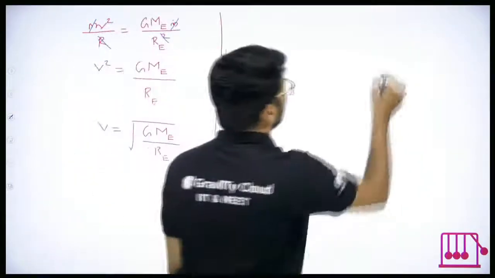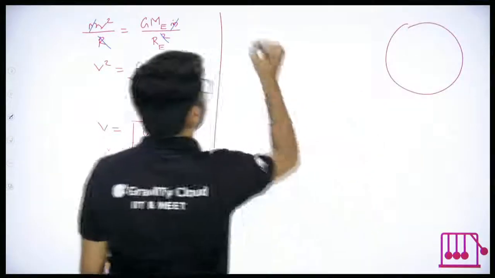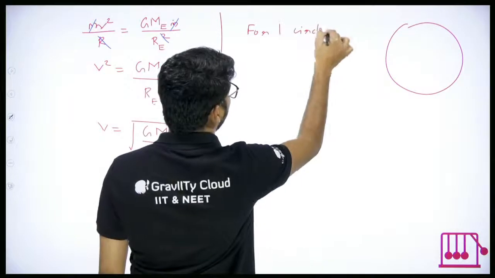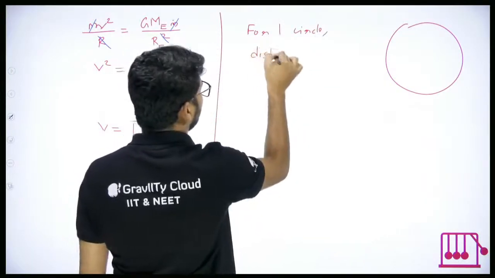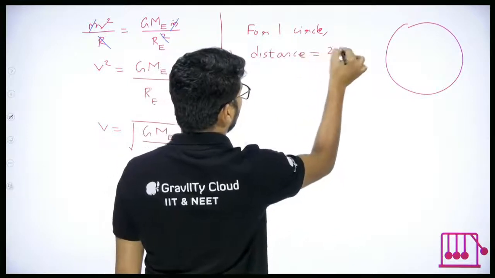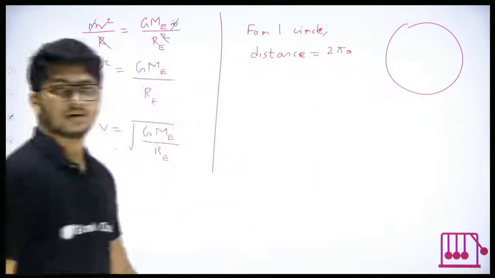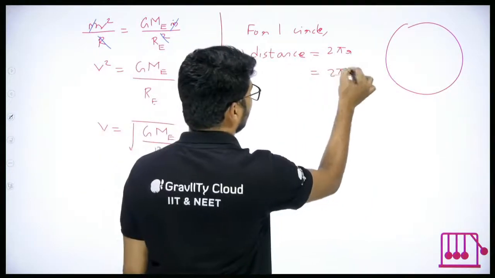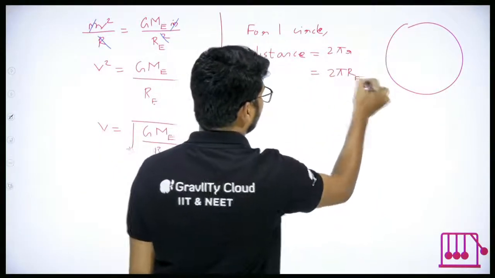What is time here? For one circle, what is the distance? Distance will be equal to the circumference. What is circumference equal to? 2 pi r. That is 2 pi, the radius is radius of earth.